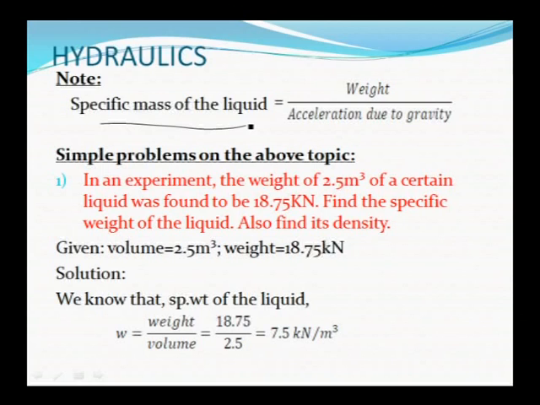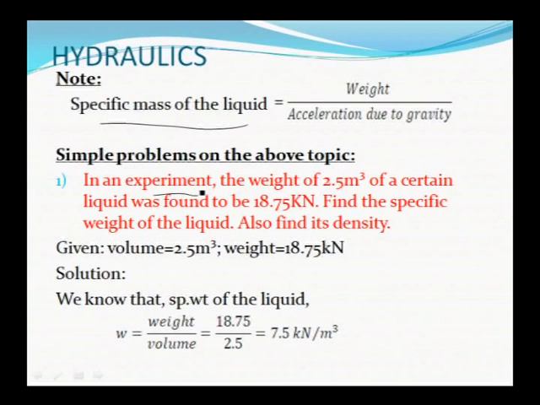First problem: in an experiment, the weight of 2.5 meter cube of a certain liquid was found to be 18.75 kilonewtons. Find the specific weight of the liquid. Also find its density. Writing the given data is very important.